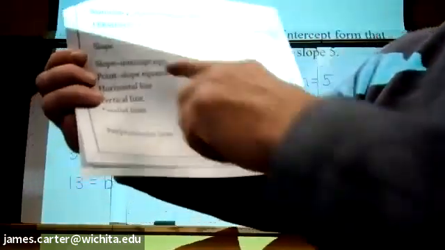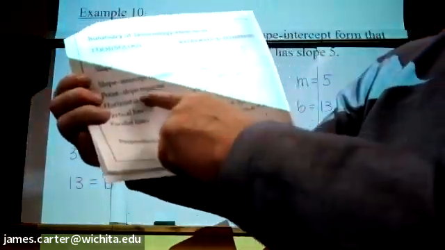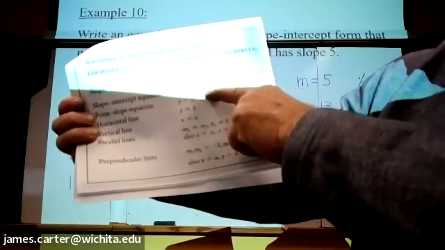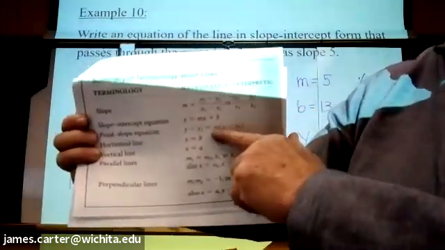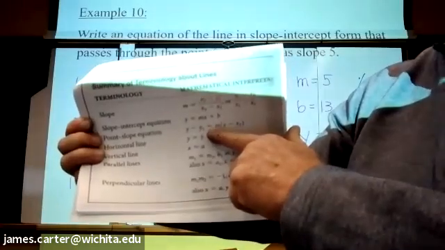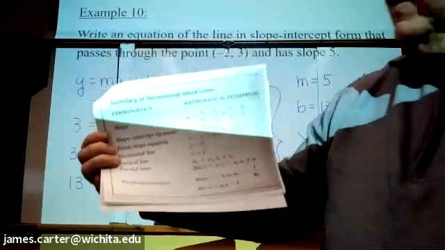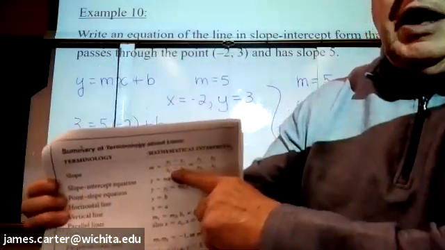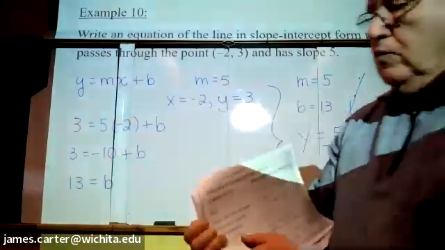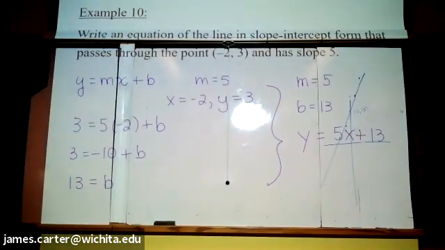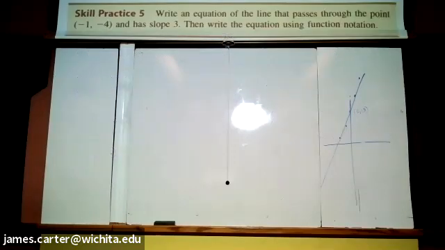What I'm using right now is the point slope equation to get the slope intercept equation. Here is your slope formula that we had earlier. We're going to be using this today and tomorrow in both of our classes. So that's going to be kind of your main Bible for the next 2 days.